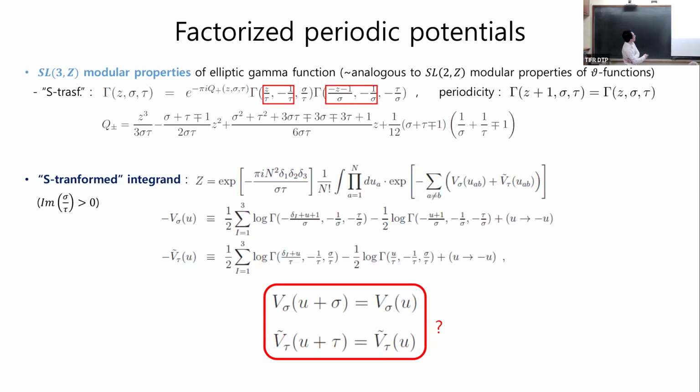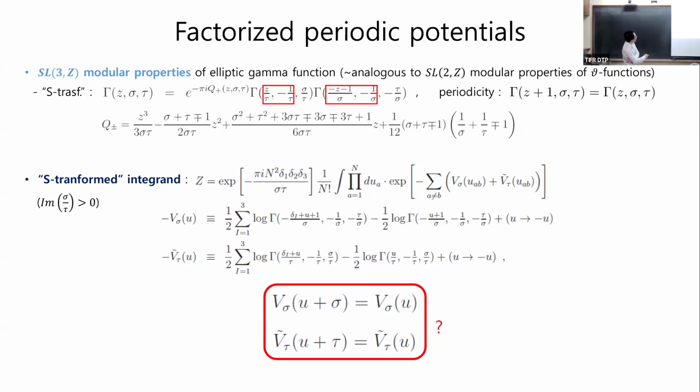And the nice thing is that it also enjoys some T transformation, or let me say it has periodicity. Gamma of z plus 1 is gamma of z. So if you have this factorized integrand, the factorized parts will enjoy the periodicity separately.